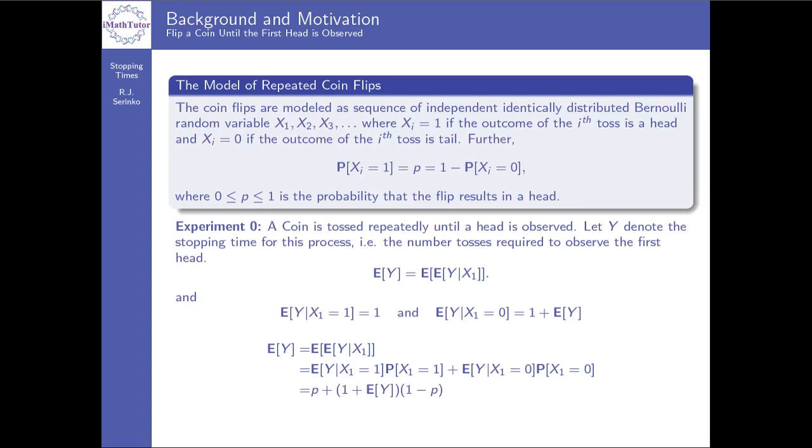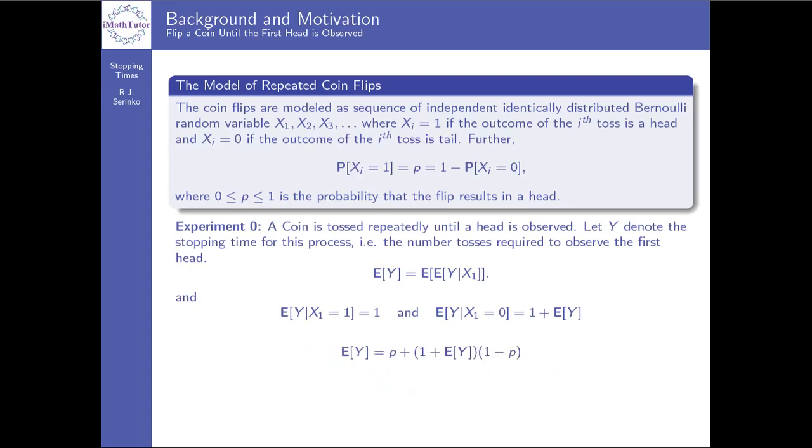Making our substitutions for both the conditional expectations and these probabilities, we arrive at the expression that the expected value of Y equals p plus the quantity 1 plus the expected value of Y times the quantity 1 minus p. We can solve this expression for the expected value of Y. And we do that, if p does not equal 0, we get that the expected value of Y equals 1 over p.